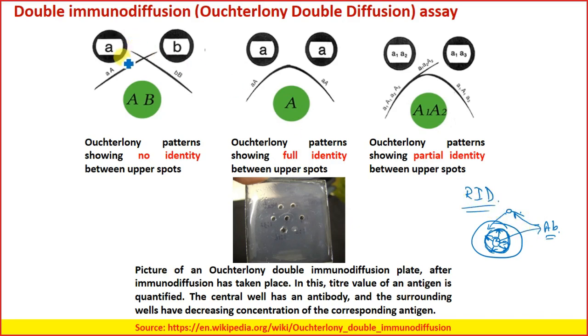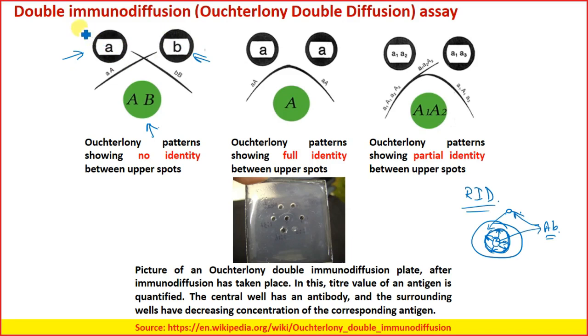Now, double immunodiffusion: suppose we have the antibody AB over here, and we want to look into the information about two antigens which may be similar, or may not be similar.